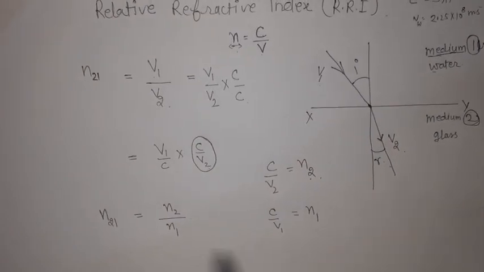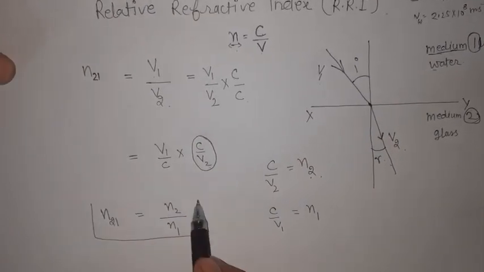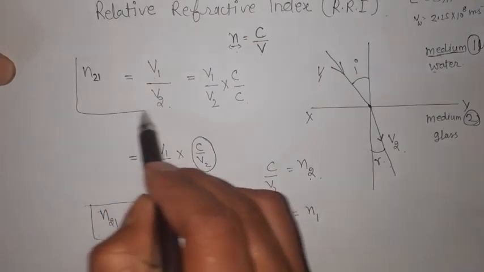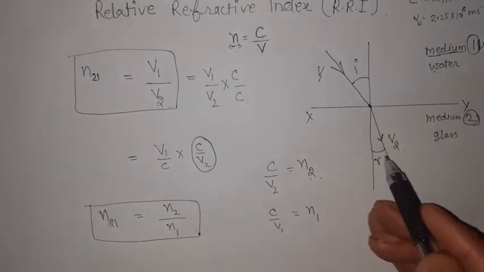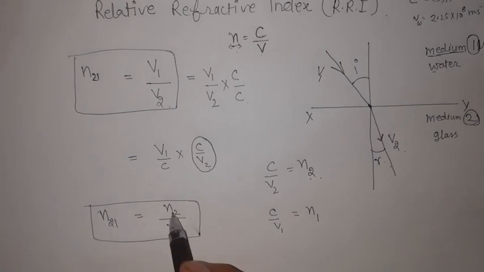So now just to check over here, what is relative refractive index? So either you can say that it is the ratio of the two speeds in the medium, or you can say that it is the ratio of absolute refractive index of second to that absolute refractive index of first medium.